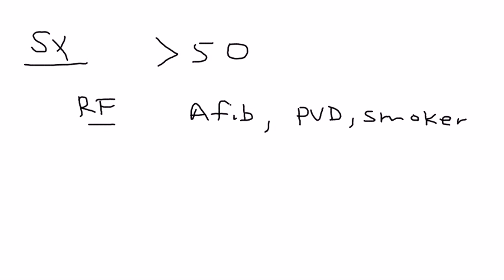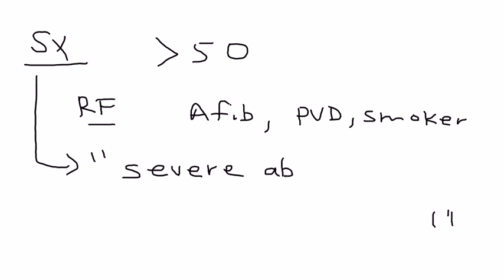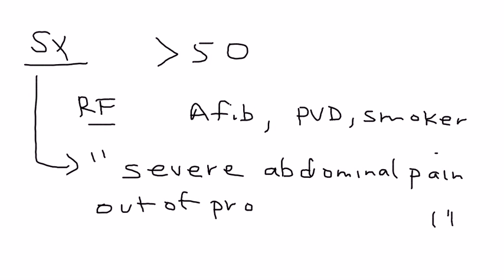And then here are the symptoms, and by far this is the most common symptom or presentation on a licensing exam, is that you have severe abdominal pain that the patient will complain of out of proportion to physical exam findings.